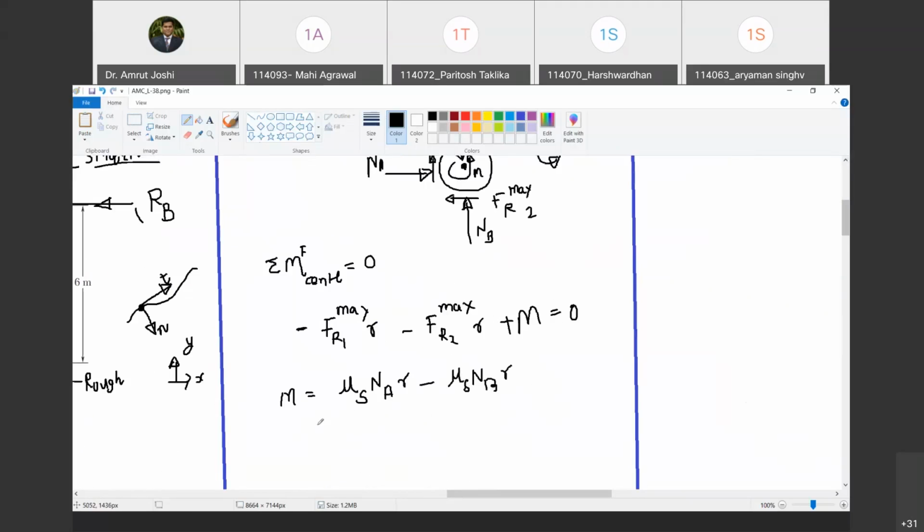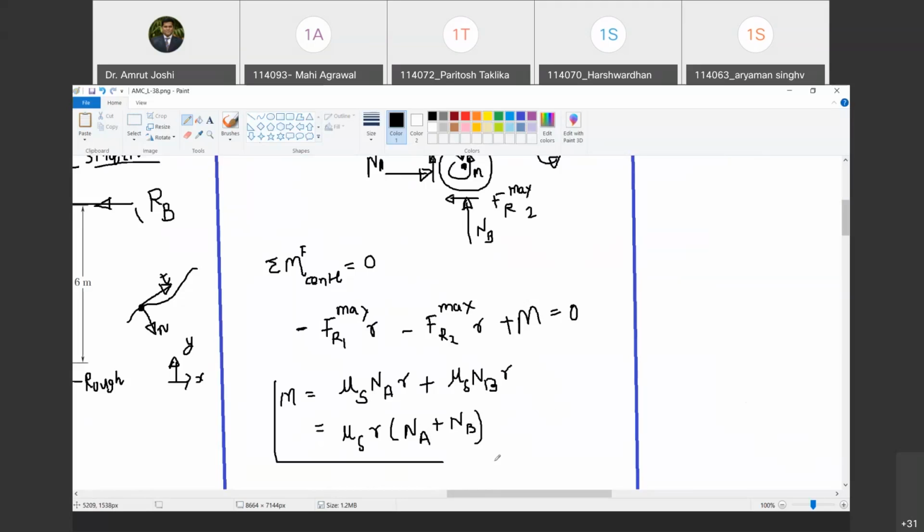Yes, sir. So M is going to be equal to µs times Na minus µs times, sorry, it should be plus. So µs times R times (Na plus Nb). This is going to be equal to M. Do you agree with me?